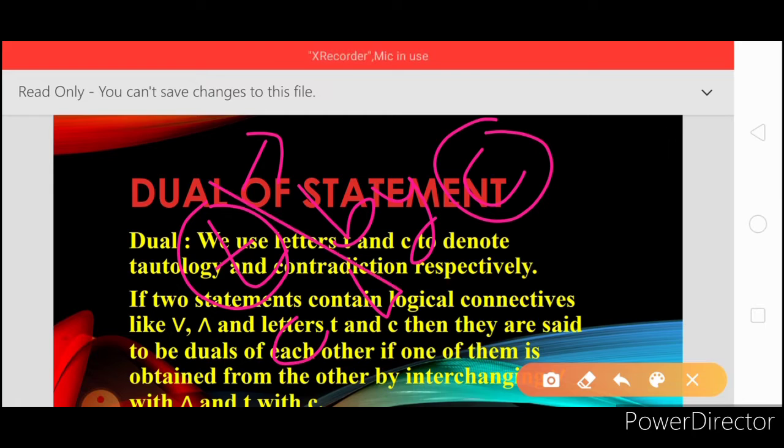And also small c by t only. Here c means contradiction and t means tautology.